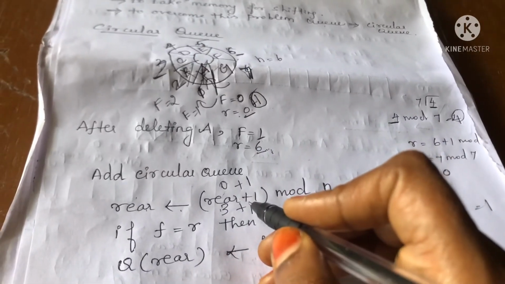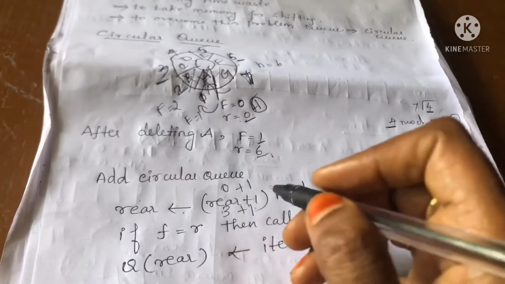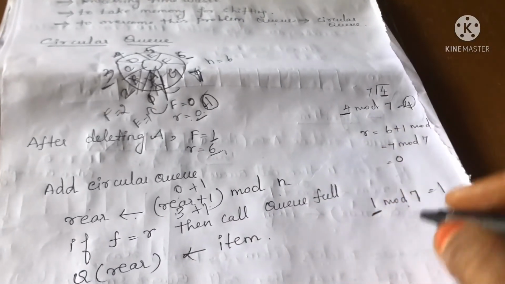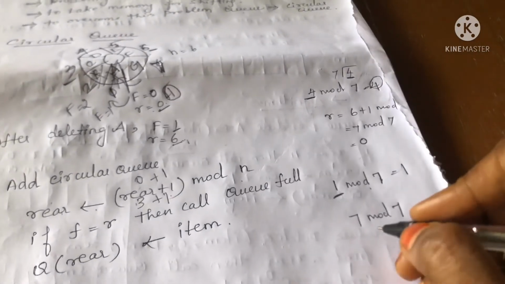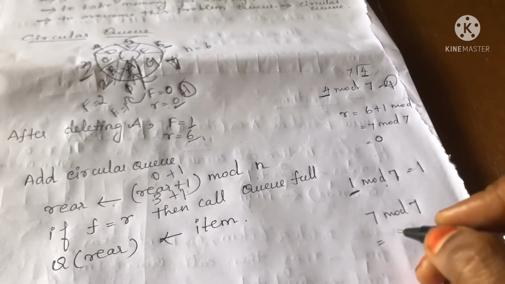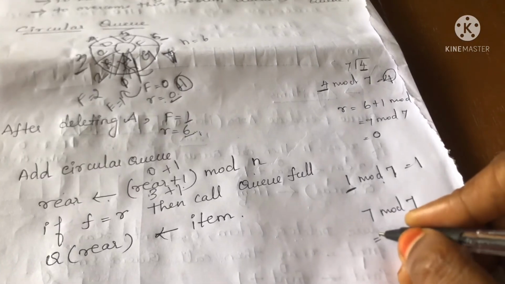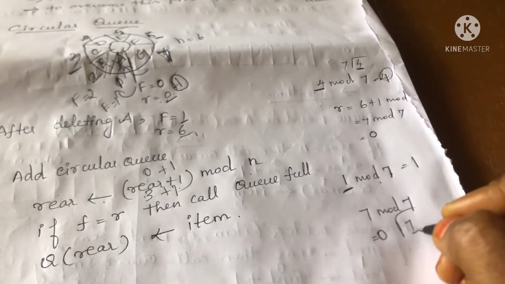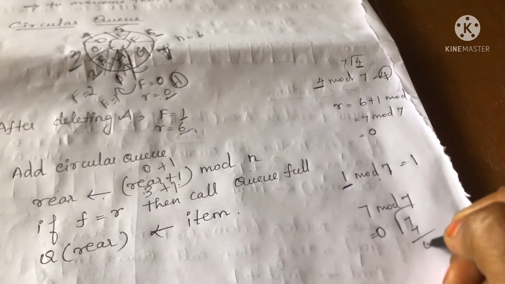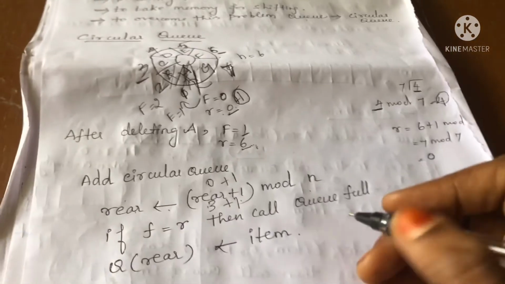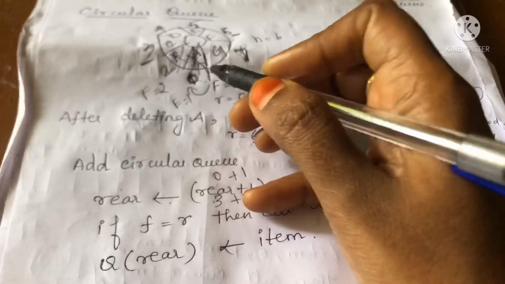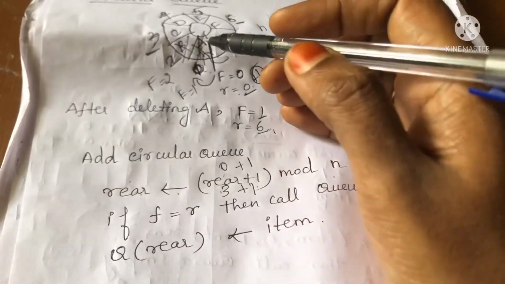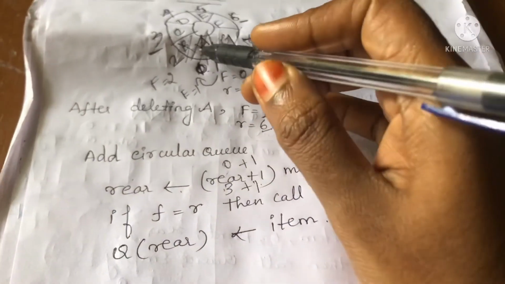Six plus 1, 6 plus 1 mod n, that is 7 mod 7. The answer is the remainder, which is 0, because 7 divided by 7 gives remainder 0. So at the 0th position we have to add the item H.